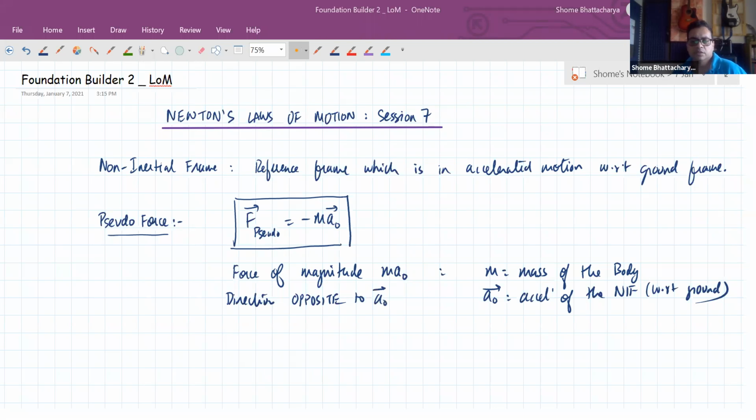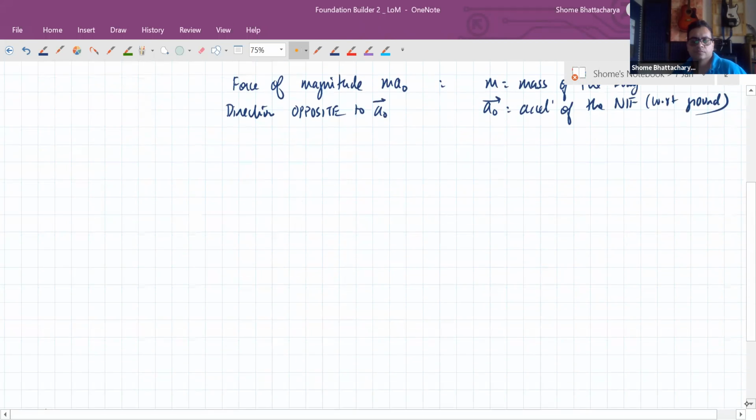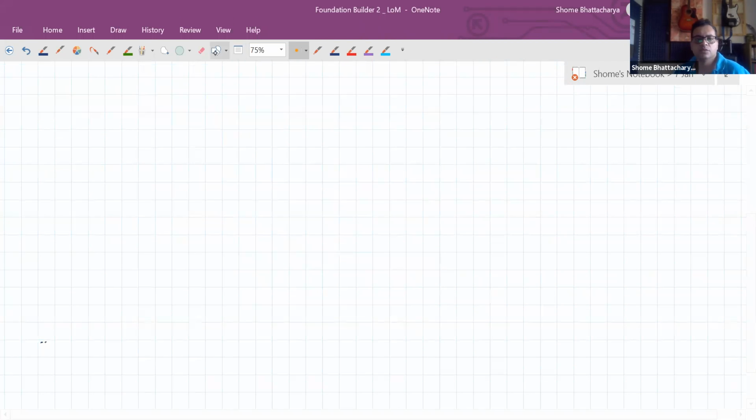So let's continue with some examples of this pseudo force concept. Next up, we will see this type of situation.